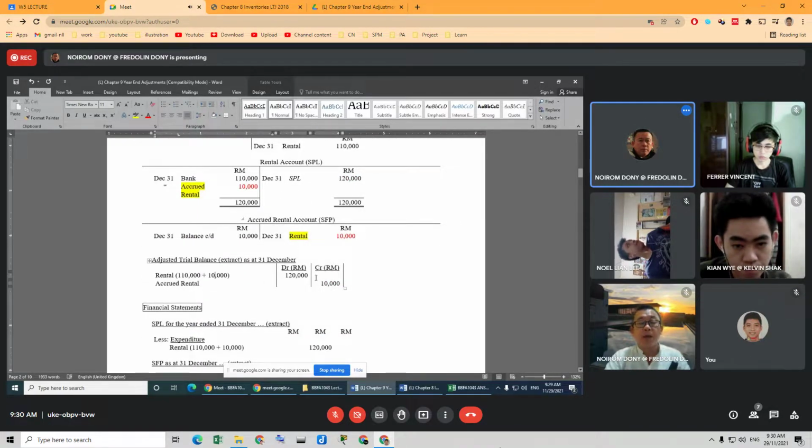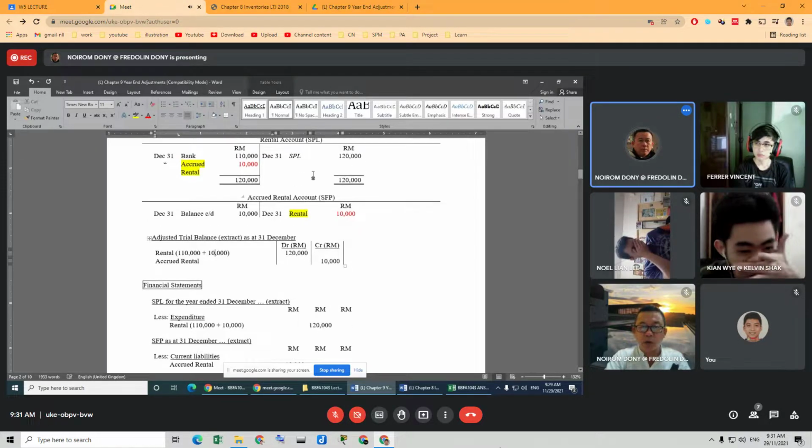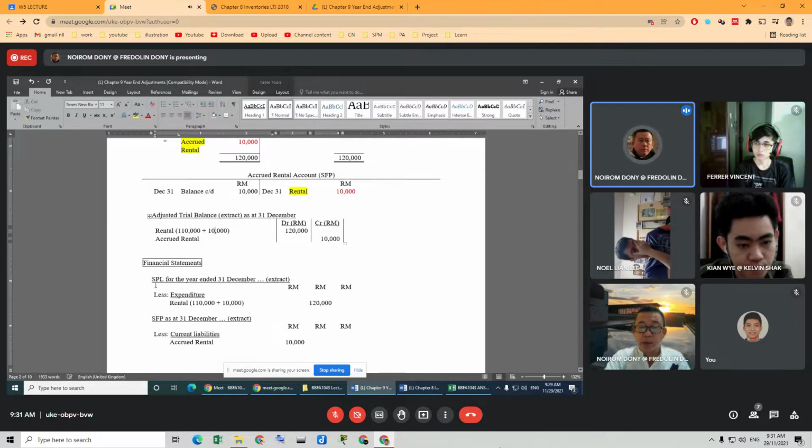In the financial statements, remember SPL is for expenses, and SOFP is for the liability. That's why we complete the double entry when we close off this rental expenses. We credit rental expenses 120,000, so we debit SPL.